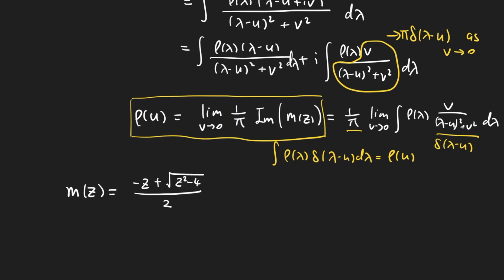Or plus or minus. There's one more thing we need to fix, because we have the plus or minus here. This function has two branches, but it turns out that only the plus one makes sense. For the Stieltjes transformation, m of z equals the integral of rho of lambda over lambda minus z, d lambda.